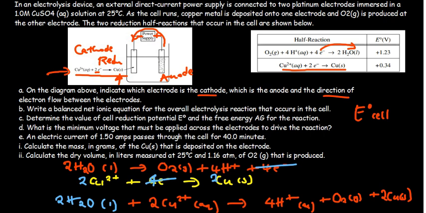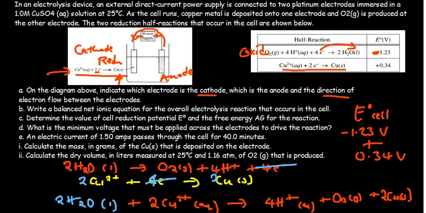For the oxidation reaction, after I reverse a reaction, the value of the reduction potential changes, it becomes negative. So add negative 1.23 volts plus the reduction potential of the reduction reaction.